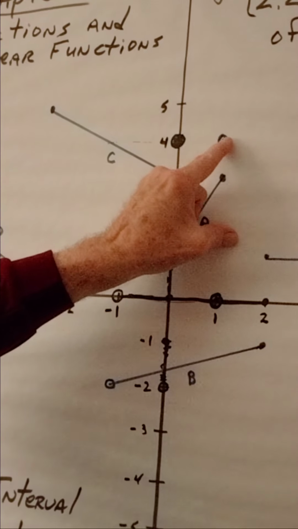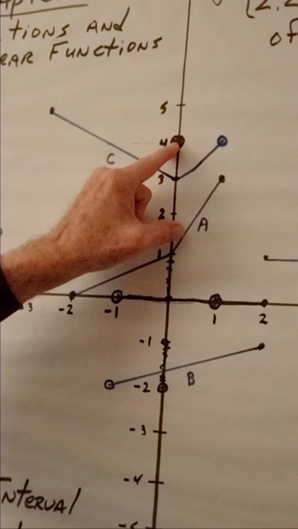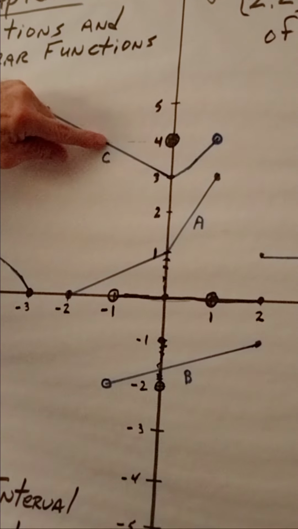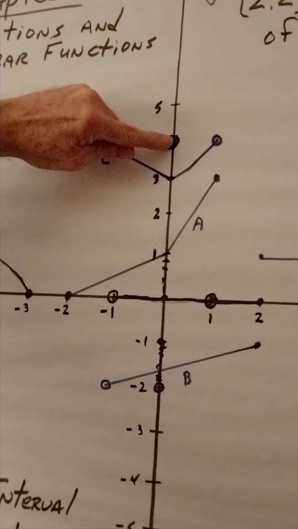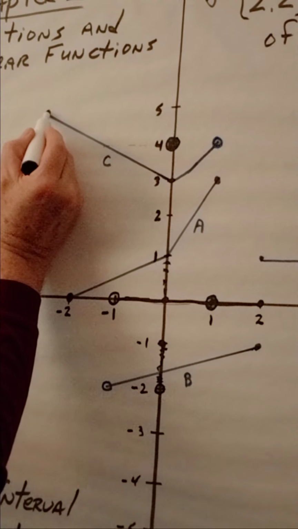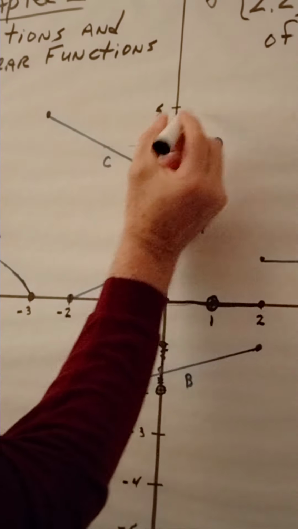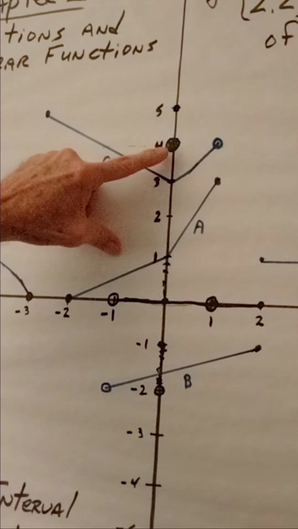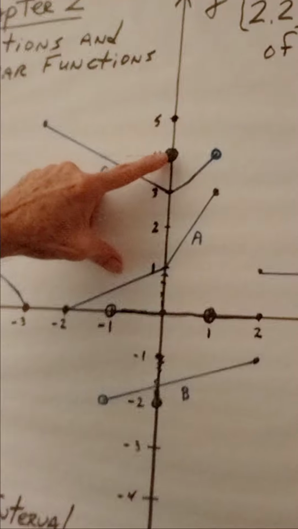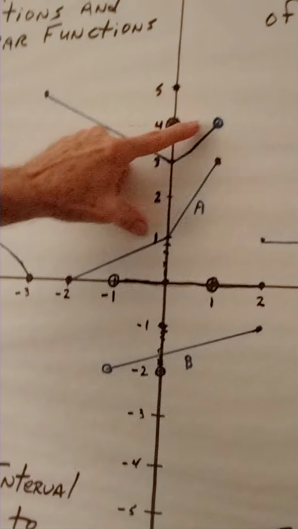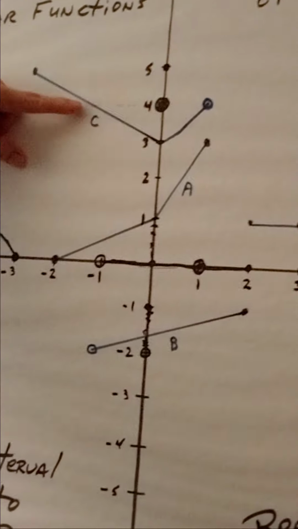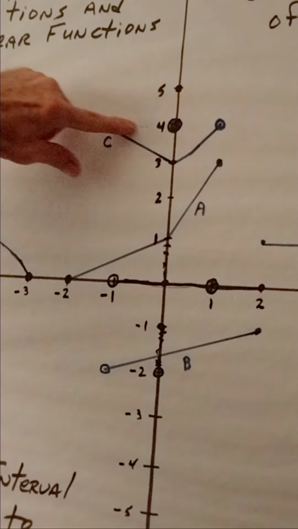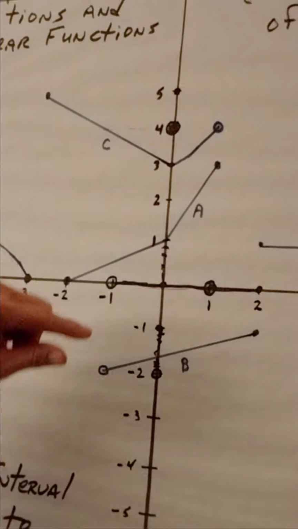It didn't count when I first put it over there, but it will count because this is part of the graph right here, and it's going to come over and fill that up. This point right here will come over and fill up 5. So don't go thinking that that is an open circle. It was just temporarily open. It got trumped by this point right here that's going to get moved over. So it's all filled up.